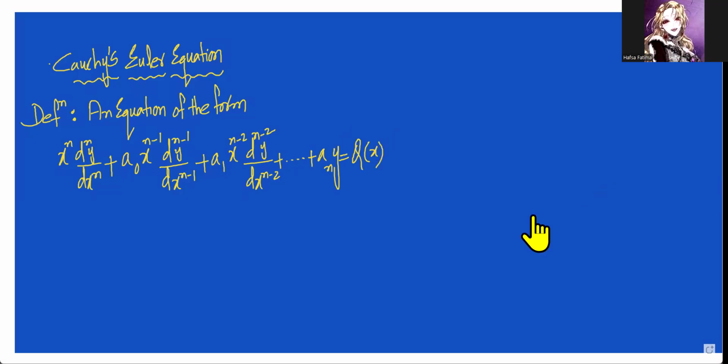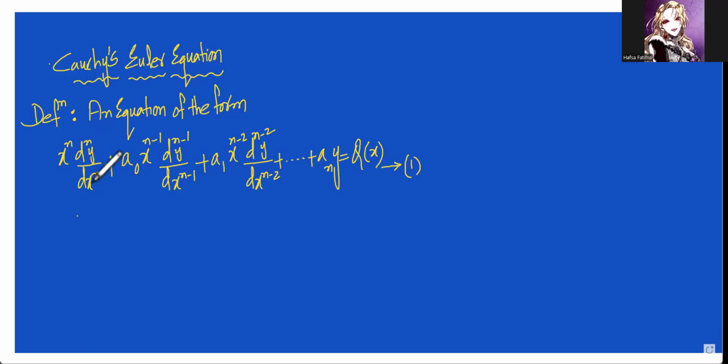What do you observe here in this equation number 1? You can see here x power n and d power n.